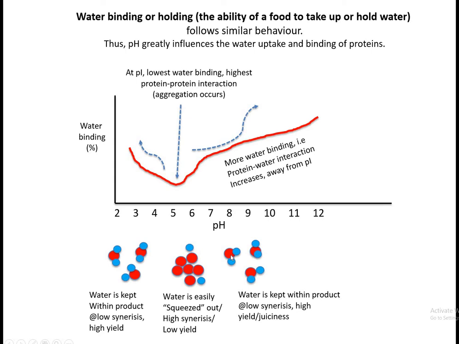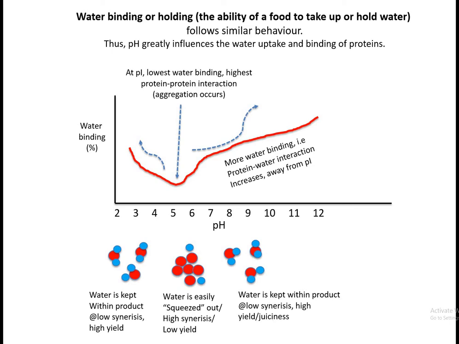You see the red dot, that is the protein, the blue dot, that is water. So in this region here, water is kept within the product. So you can expect this product has low syneresis, high yield and very high juiciness. Your boss would love to sell this product because you can sell high yield, lots of water.